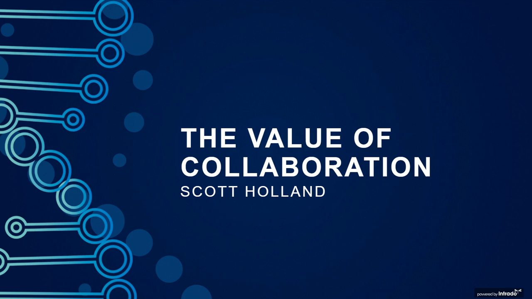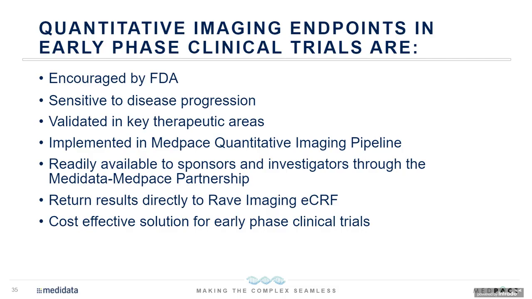Hopefully that conveys the importance and relevance of adding these capabilities to a trial, and the ease with which that can be done in conjunction with the use of Rave Imaging, which is really widely used in the industry. So I just want to reiterate a few points. The use of quantitative imaging endpoints in early phase clinical trials is really encouraged by FDA, and some of their guidance documents encourage further research in this area.